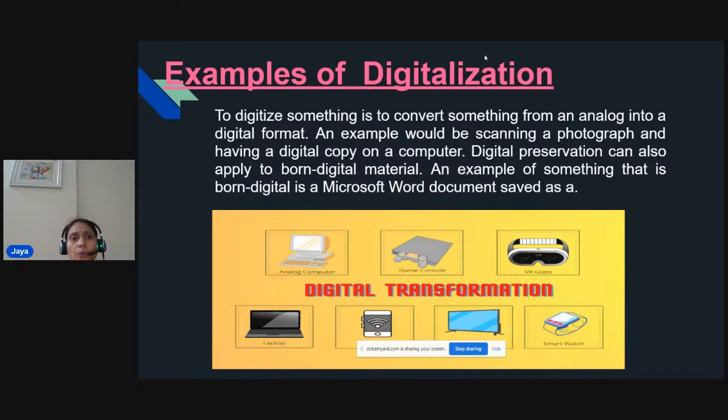I'm talking about multiple things where, when it is saved on an online platform, you have easy access to those documents which are saved on your laptop, on your online platform.